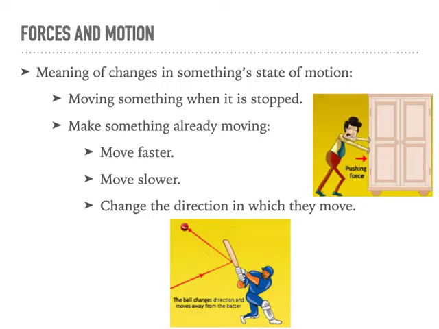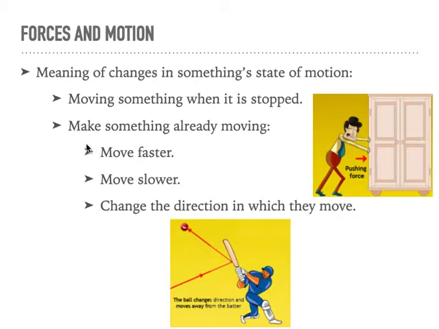What do we mean by the change in a state of motion? We mean some different things, that all of them are related. We can move something when it is stopped, like for example this wardrobe, when we push it, that's changing the state of motion of this piece of furniture.